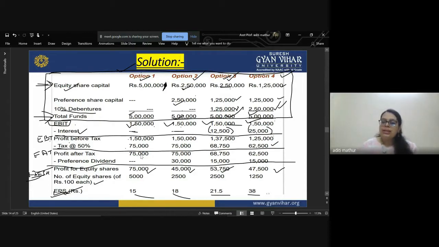So you can see that if you don't have any debt, you just have an EPS of 15 rupees. But if you have a good amount of debt under your capacity, then you have a maximum EPS, that is your 38 rupees. So what we have done, we first laid out all the options available, and then slowly, one by one, we solved for the EPS and selected the best option, which is option number 4 for your ABC Limited.